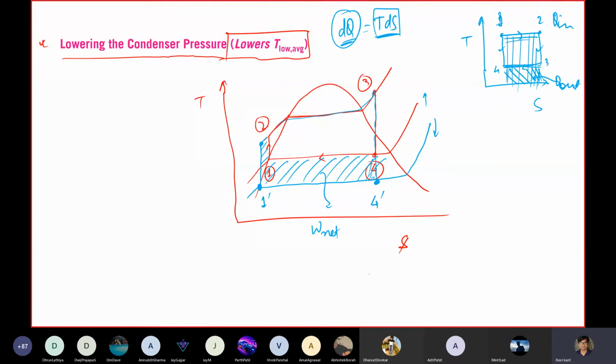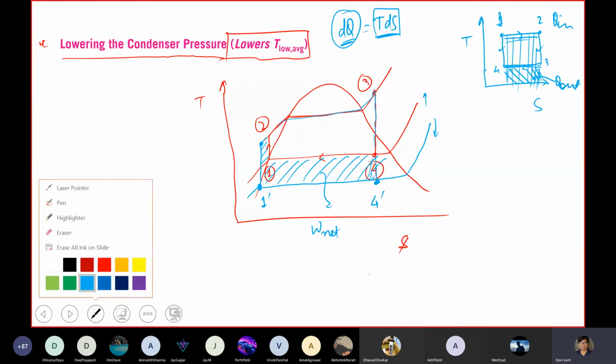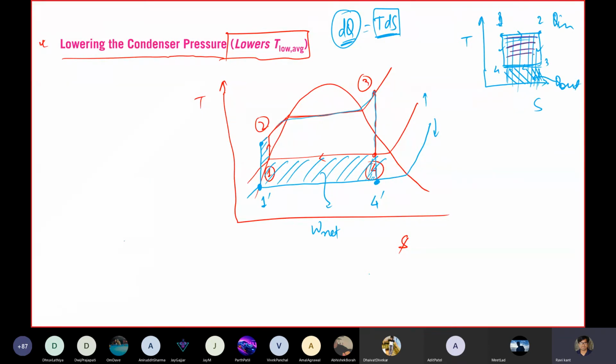Let me draw this with some other pen. The net amount is the middle one, and the middle one is what? Q in minus Q out, and for a cyclic process this is your net work.